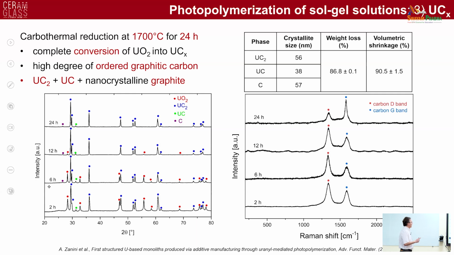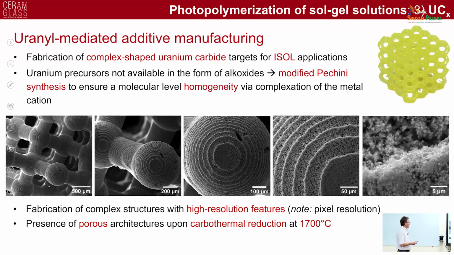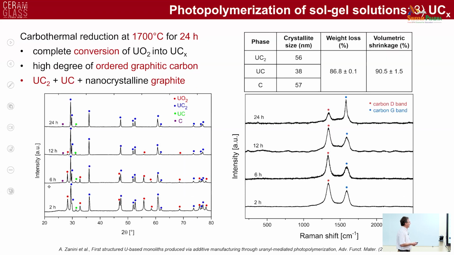And two different phases of uranium carbide formed. Very large volume shrinkage, but that's not a problem because, as I've shown here, the sample maintained the integrity and there was no cracking in the material.